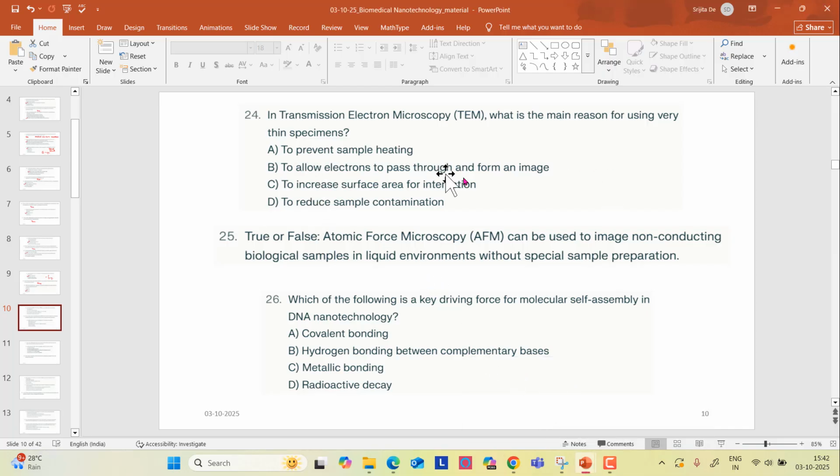So to form a clear image, the sample specimen should be very thin. Generally, we use TEM grid for that. Okay. So this is option B.